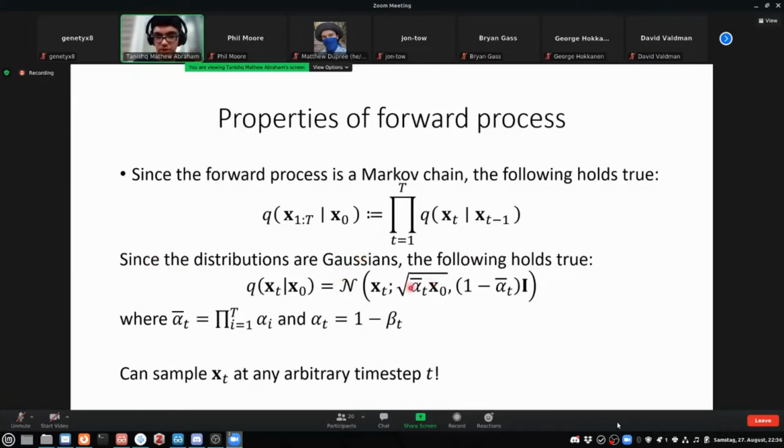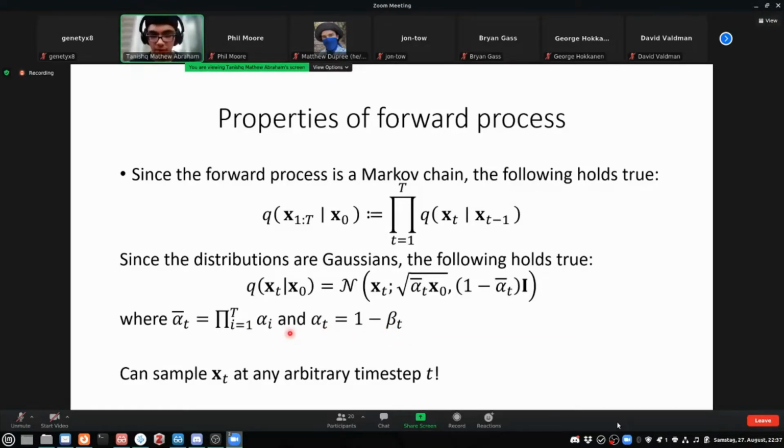And since the distributions are Gaussians, you can do a little bit of math to get, at any arbitrary time step, a Gaussian distribution. Of course, you have to calculate the variances out.